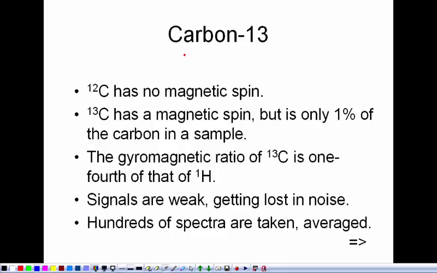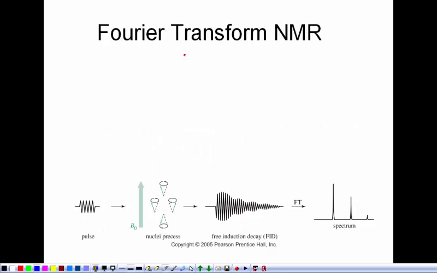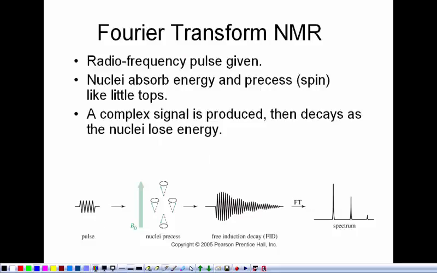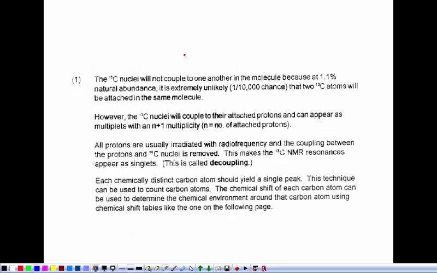In terms of coupling, we'll talk a little bit about it today, but we'll talk more about it in the future. If you think about neighbor coupling, it doesn't happen. It'd actually be nice to have it happen, but it doesn't.